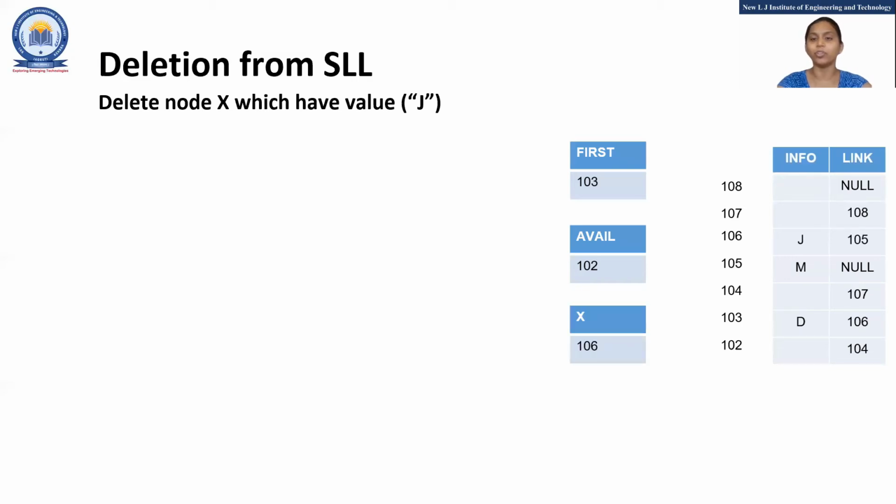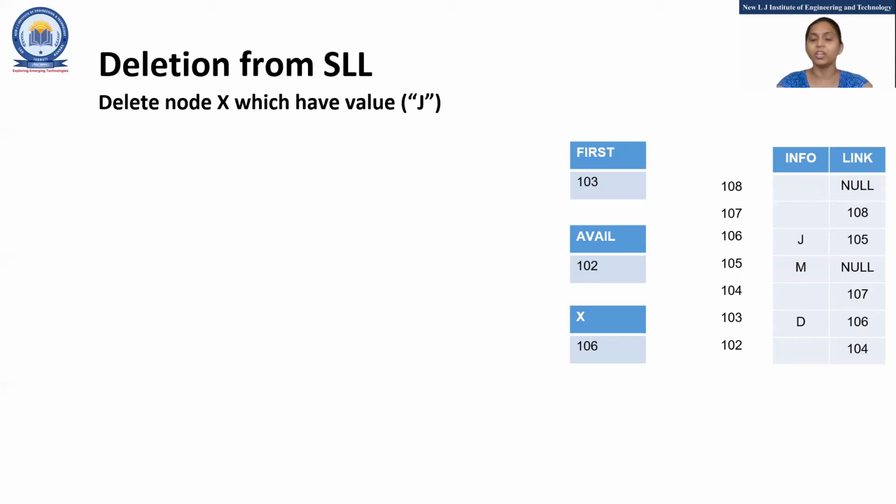Now X has the value 106. In the algo part, it is able to give you the memory location. But in a program, you are not able to find the exact memory location. At that time, they give you the info part. But in the algo part here, X is being given. X has the memory location of the node which needs to be deleted.